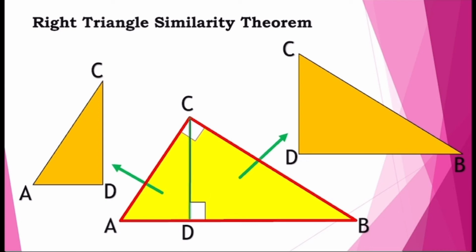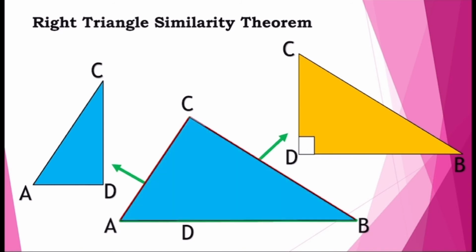Since line segment CD is perpendicular to line segment AB, the degree measure of angle ADC is equal to the degree measure of angle CDB and is equal to the degree measure of angle ACB, which is 90 degrees. Then, by the AA similarity theorem, triangle ADC is similar to triangle ACB.